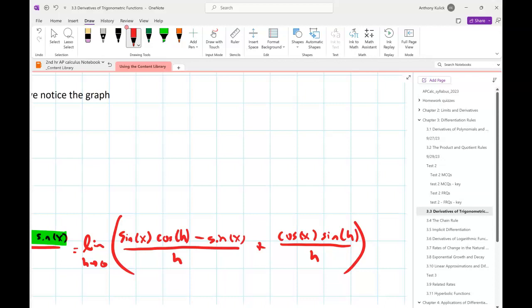Is that okay? You see what I did? I just did some rearranging, right?